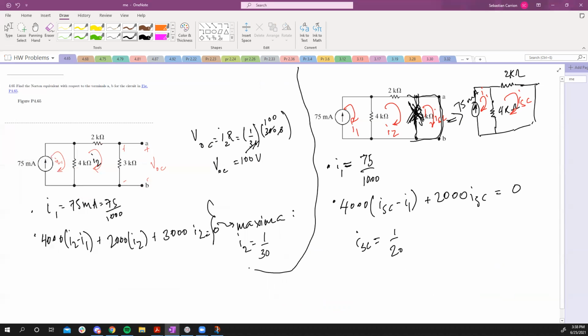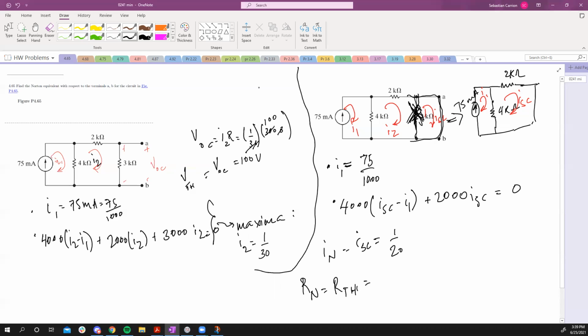So essentially our V open circuit would be our V Thevenin, and our I short circuit would be our I Norton. Since we want the Norton equivalent, we have the values now to make either a Norton or a Thevenin equivalent. Now we're able to find R Norton, which is also R Thevenin.